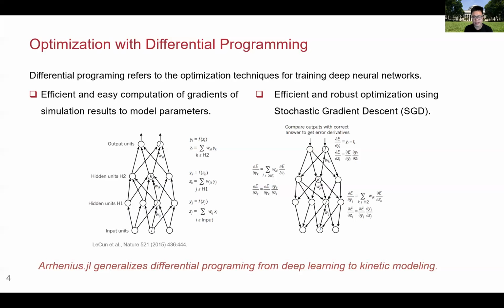By doing backpropagation, we can efficiently compute the gradient of the simulation results with respect to the model parameters. The second step is we use this gradient information together with stochastic gradient descent to optimize the complex neural networks. This approach has been super successful in the deep learning community. Here we try to generalize it to the combustion kinetic model.